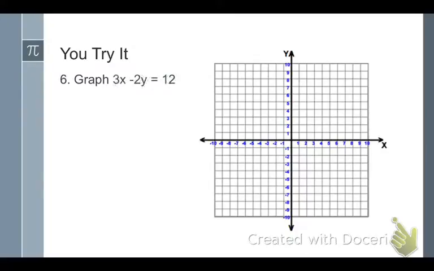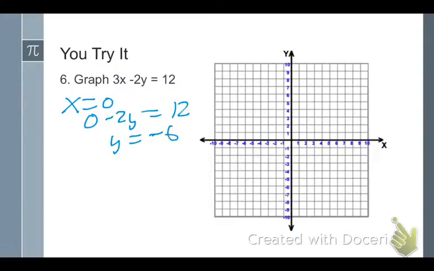So let's graph 3x minus 2y equals 12. Stop the video, try it, and then come back. Okay, you're back. For this one, I do this one with intercepts. X equals 0. That will give me 0 minus 2y equals 12. So y is going to equal negative 6.